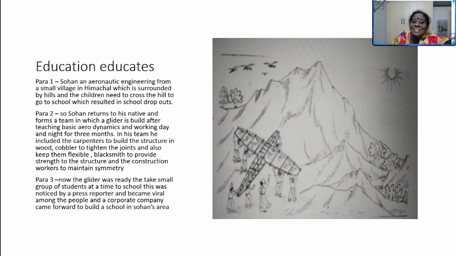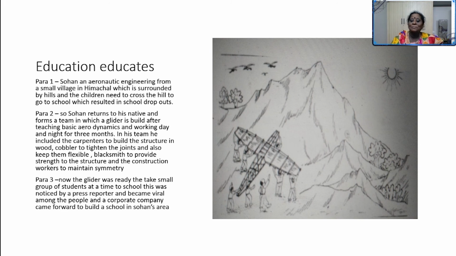Now the glider is ready and it can take a small number of students at one time to the school, which was noticed by a press reporter, and he takes a video and that video becomes very viral. It becomes viral, in fact. And on seeing this, a corporate company comes forward and builds a school in Sohan's area.